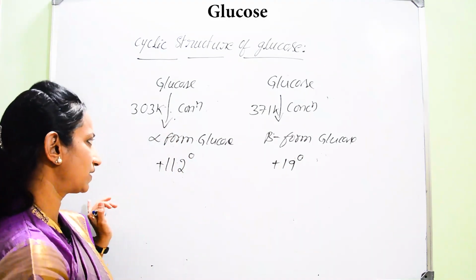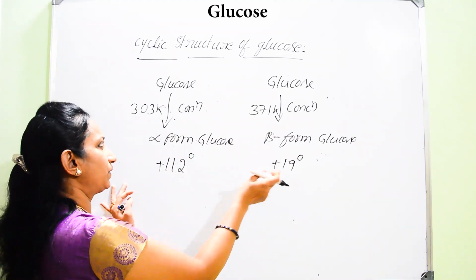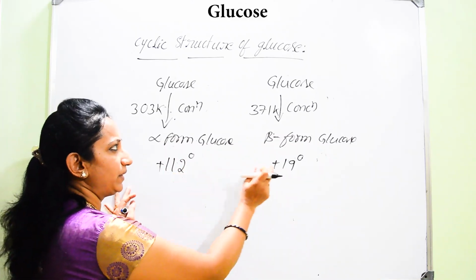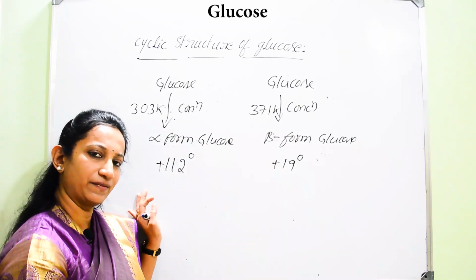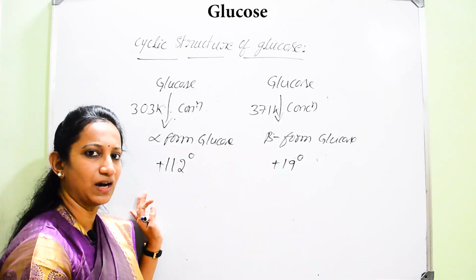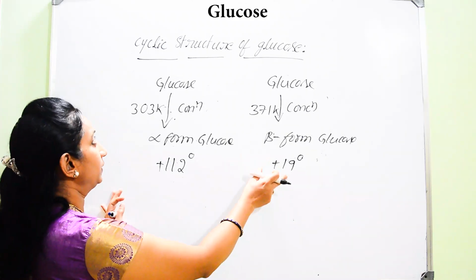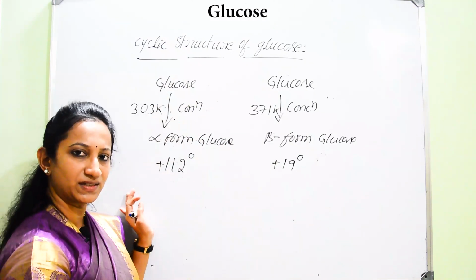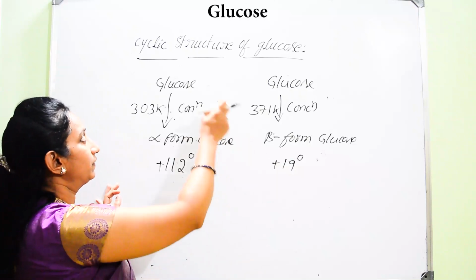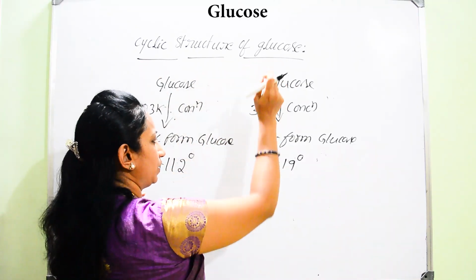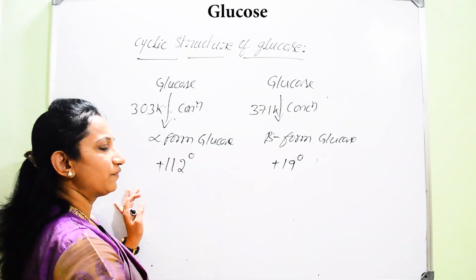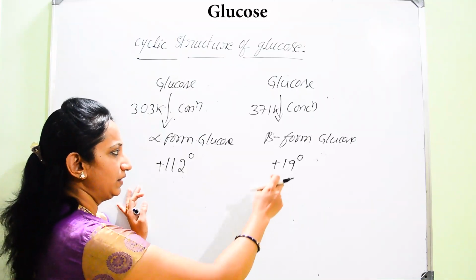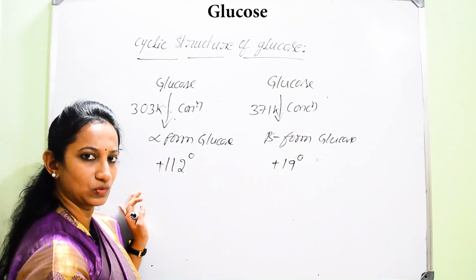So he himself observed that there is a difference in the specific rotation of the alpha form and beta form. Then there will be a difference in the structural formulae also. He gave not only the open chain structure, he himself gave the cyclic ring structure for both the alpha form and the beta form of glucose.